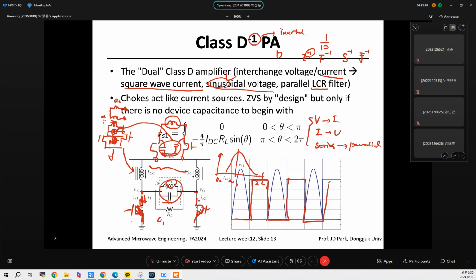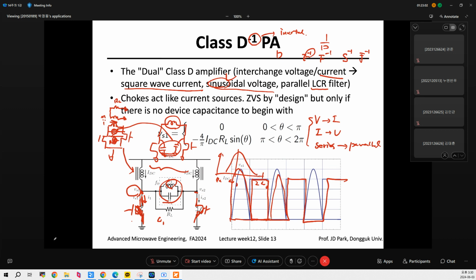And for the voltage, there is a differential voltage only at omega zero, which is this. Okay, make sense? So VS1 is given by this. 0 to theta is 0 to pi, so for the first conduction, this is 0.